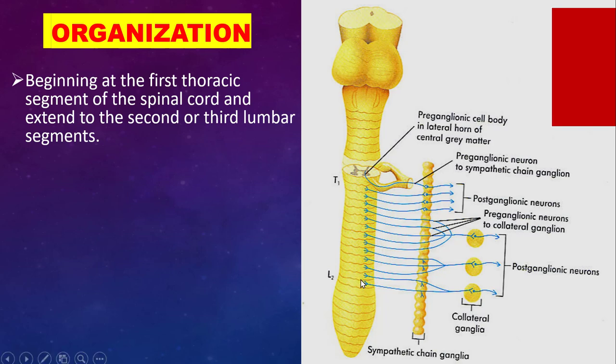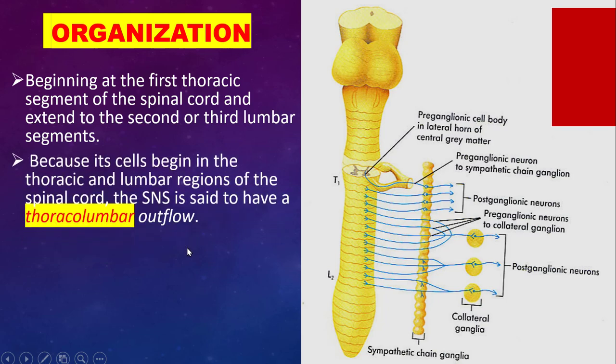Because it begins in the thoracic and lumbar region of the spinal cord, the sympathetic nervous system is said to have a thoracolumbar outflow. Here, as preganglionic neurons originate in the thoracic and lumbar region, its flow is called thoracolumbar outflow.